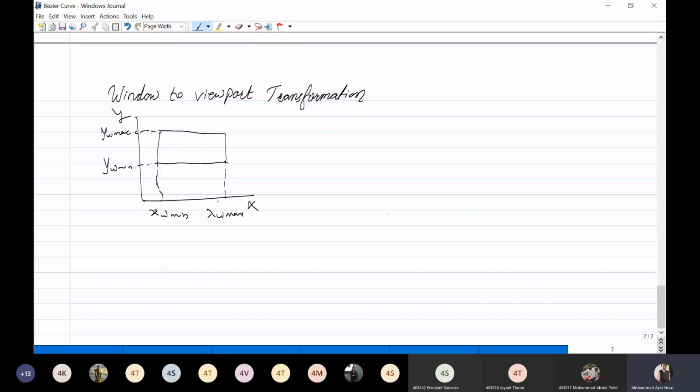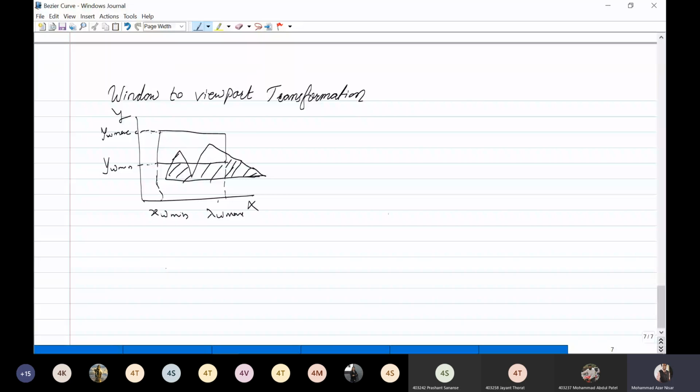Okay, and a profile is given. Suppose it is in this way. Such a kind of profile is given. So you can see that this portion which is outside the window should be discarded.